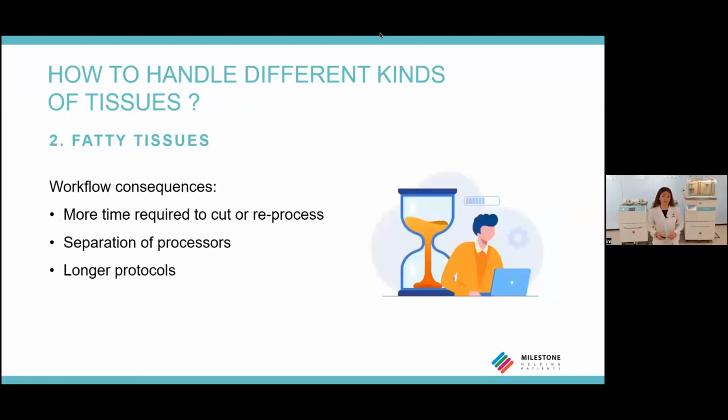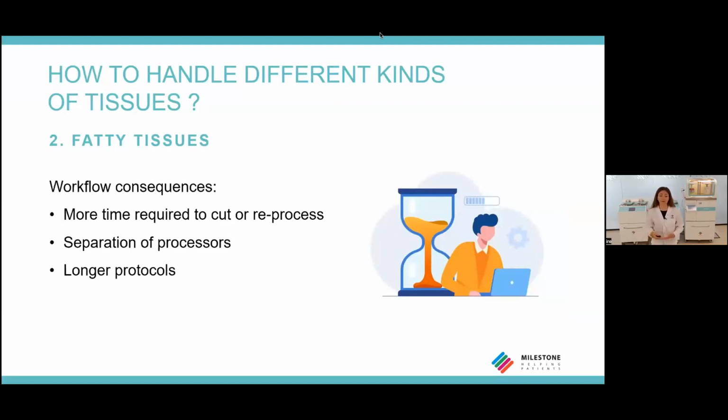This management of the fatty tissue also has consequences on the organization of the lab. Why? Because a longer time is needed to correctly process or even reprocess these samples, and this leads to delays in the whole process after this step.